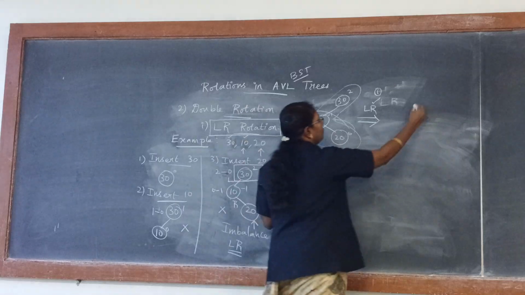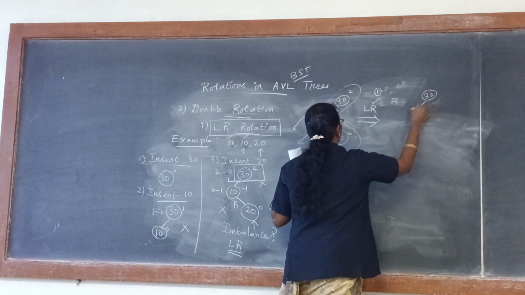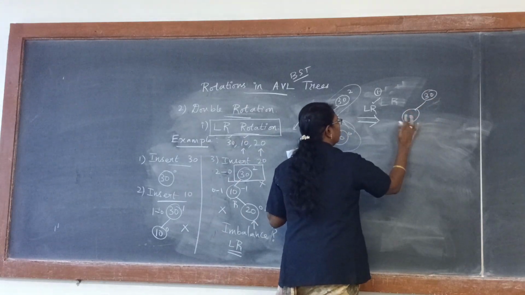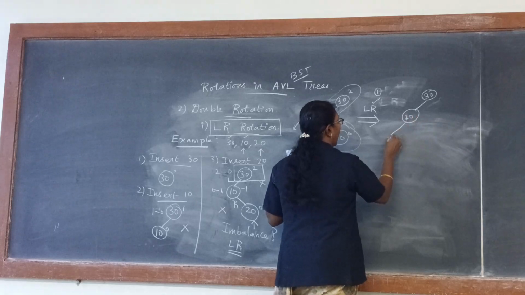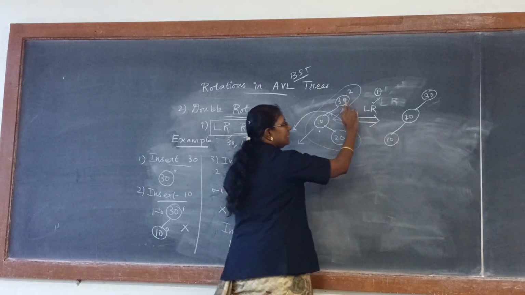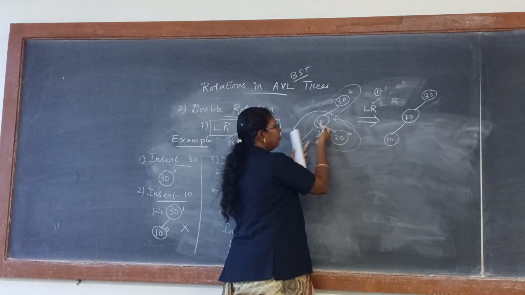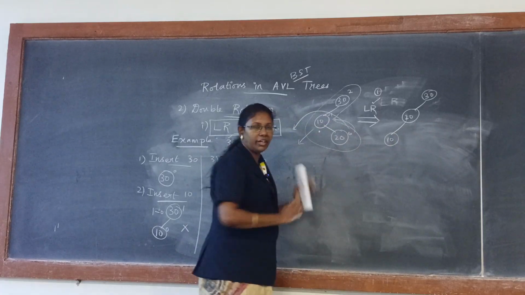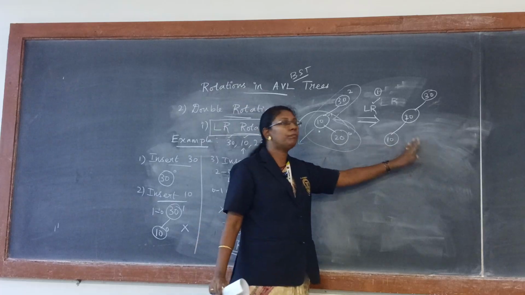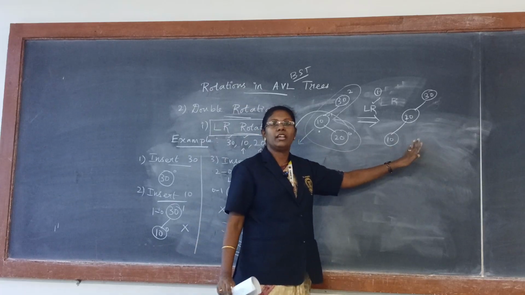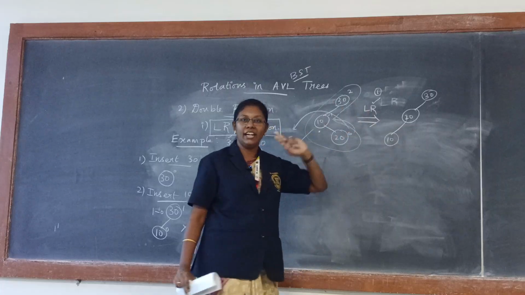The resultant will be like this: 30, 20 and 10. That means 30 remains where it is, and 20 will come to this point followed by 10 on the left side. Here there is no need to calculate the balance factor because we have performed only the first rotation.